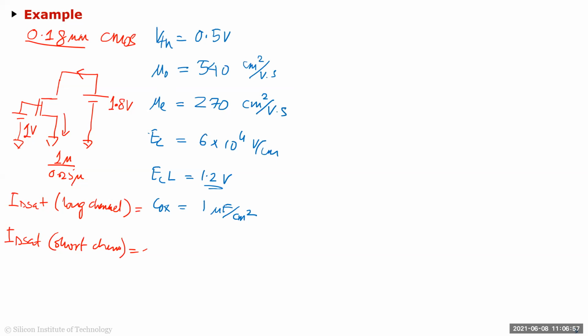Oh, you're sure about the short channel, but not. How did you find the number? How did you get to 912? Sir, I used the formula mu Cox by 2 W by L (VGS minus VT) whole square. Okay, but what is the condition to use that? There are two formulas, right? What is the condition to use that formula?